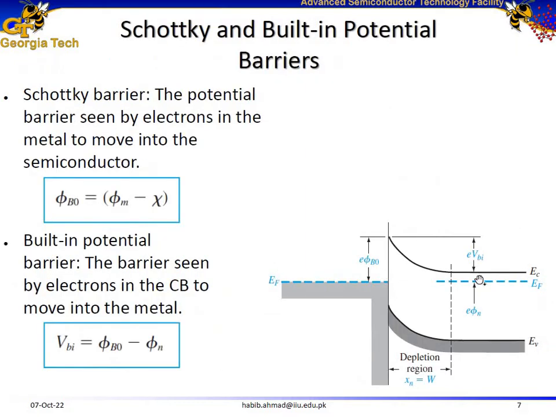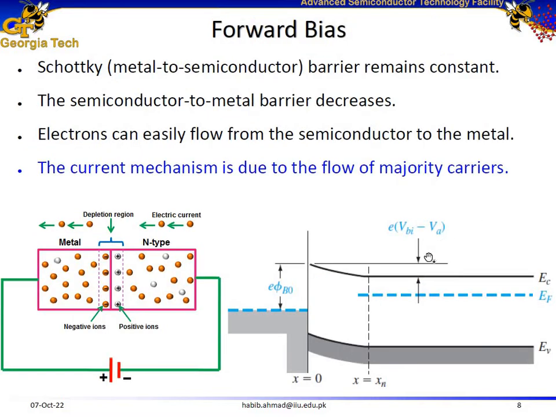Compare it with the thermal equilibrium barrier height. Under forward bias, this barrier has reduced, and now it's equal to VBI minus VA. So under forward bias, it's going to be easier for electrons to move from the semiconductor to the metal.